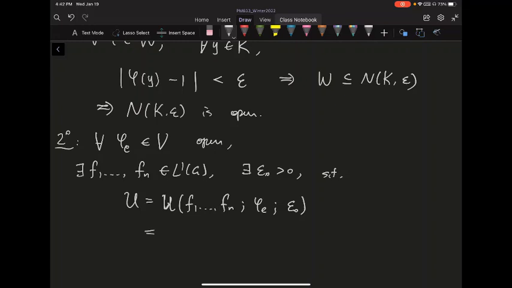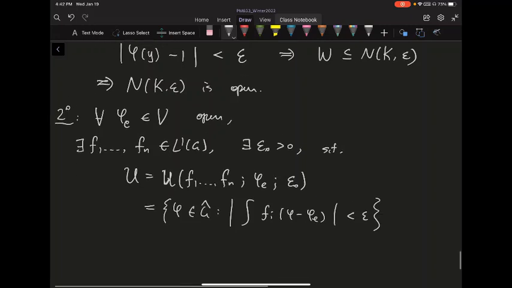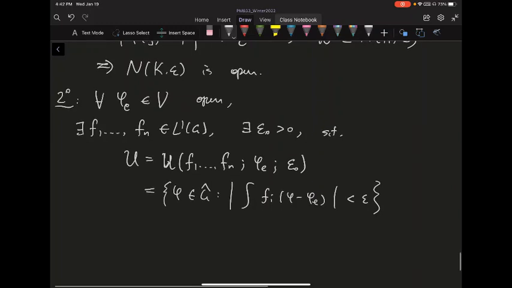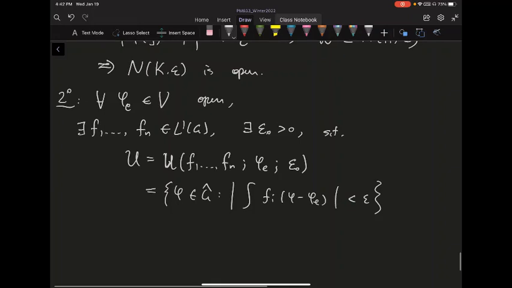Let me remind you by definition, this is all the phi inside G hat where the integral of fi against phi minus phi E is going to be less than epsilon, for all i. We know these are open neighborhood bases for your topology, so this is contained inside V because V is open.